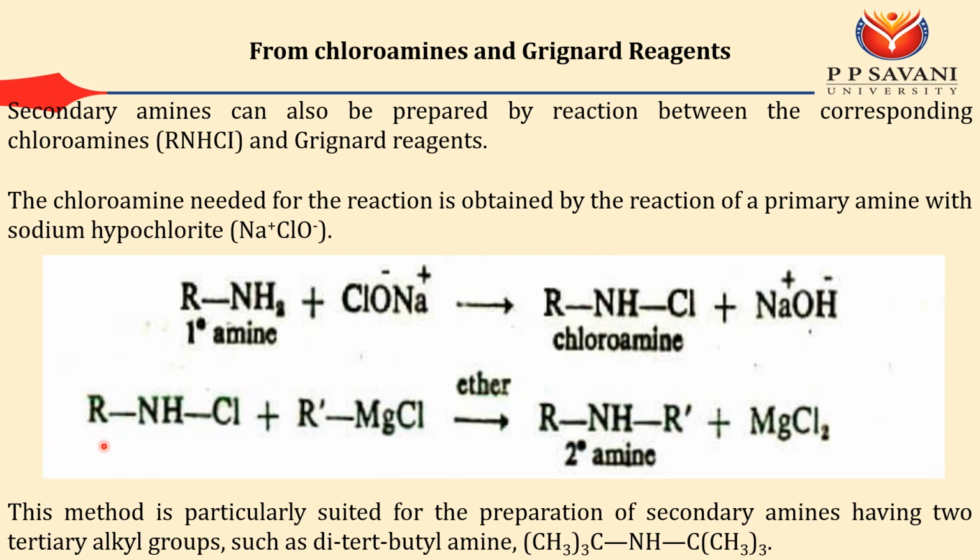With this chloramine you have to do a reaction with the Grignard reagent. The MgCl and Cl give MgCl2, or I can say MgX2, as a byproduct, and the R is directly added to N. So you will get your secondary amine. The method is suitable for preparation of secondary amines having two tertiary alkyl groups such as di-tert-butyl, so the method is very good to prepare this kind of amine also.